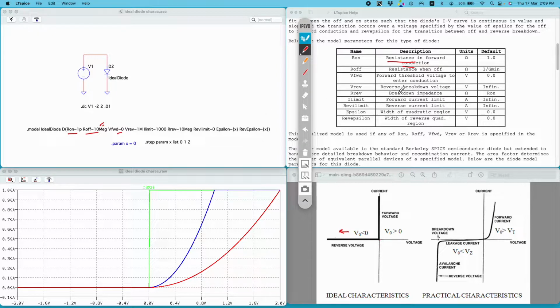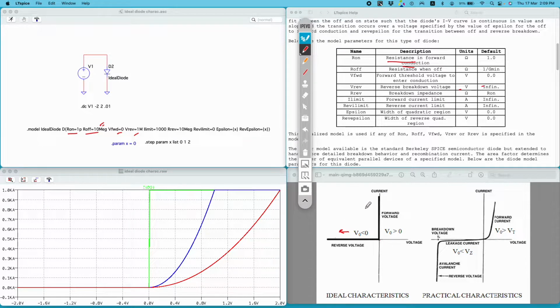Here are some other parameters. Reverse breakdown voltage: by default it's infinity, but I have kept it to a high value of 1 meg. I limit is the forward current limit.